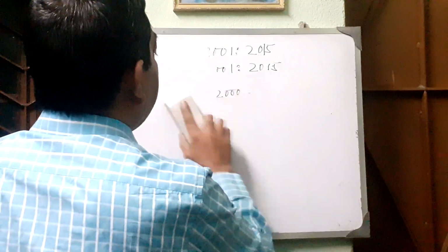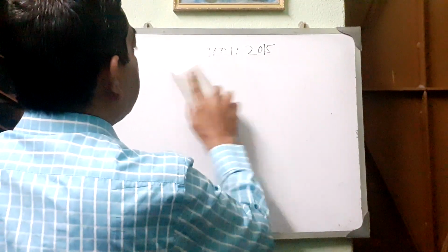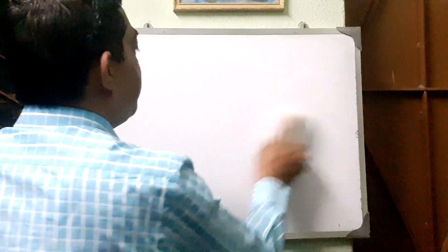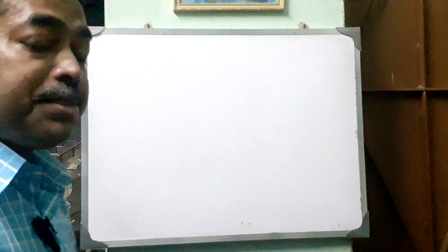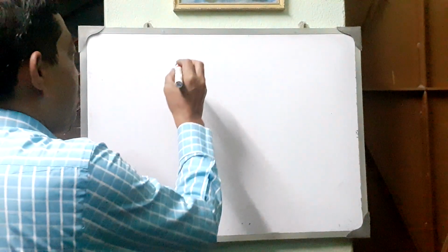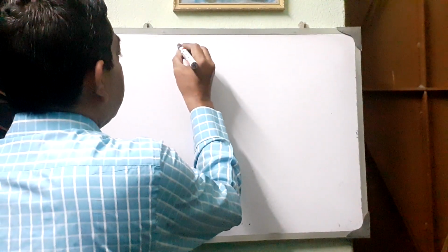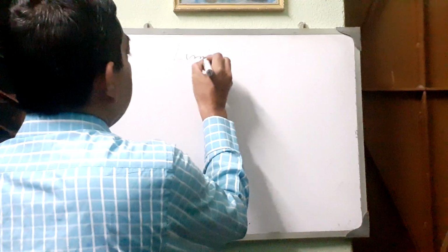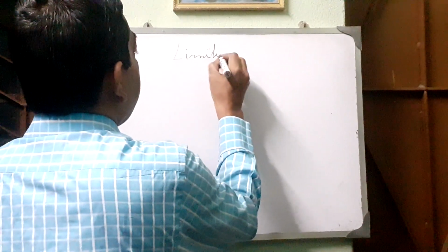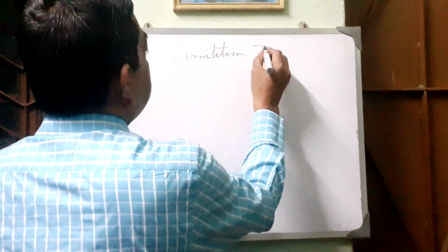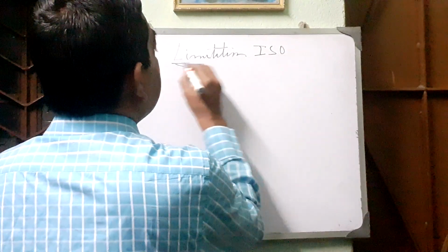Now, what are the limitations of ISO? In brief, I am discussing all these things, and I hope you will understand it better. There are good things in ISO, and there are limitations also. The main limitation is the huge, intense paperwork.